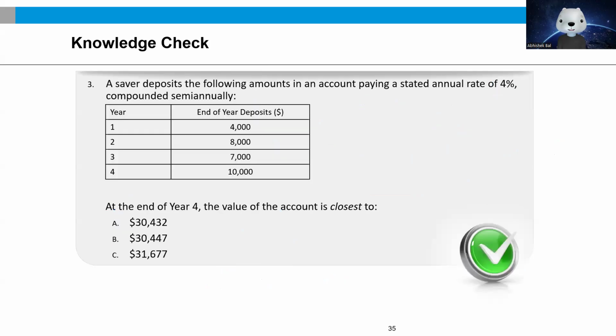The next question says, a saver deposits the following amounts in an account paying a stated annual rate of 4%, compounded semi-annually. At the end of 4 years, the value of the account is close to. Now, this is a fine sum to work with.